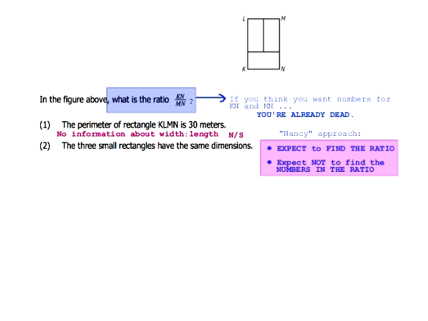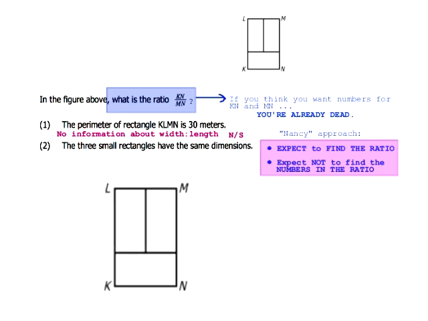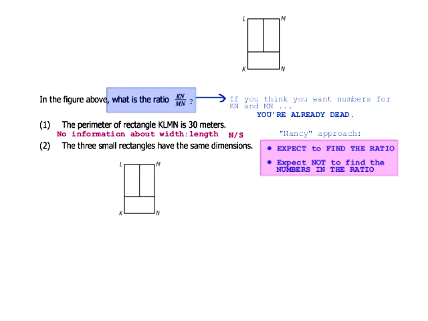But on statement two, the three small rectangles have the same dimensions as each other. Well, what does that mean? If we think about that here, if the little dimension there is an X, that means that's also an X, and that's also an X. Oh, wait just a second.